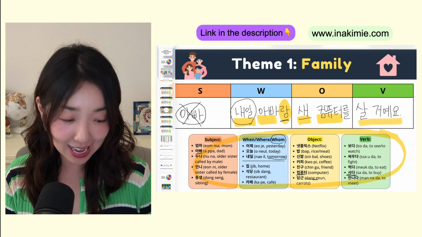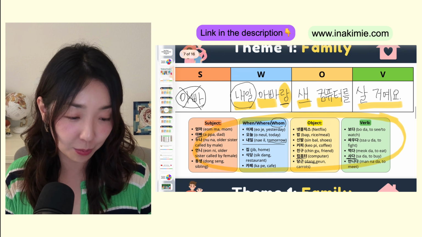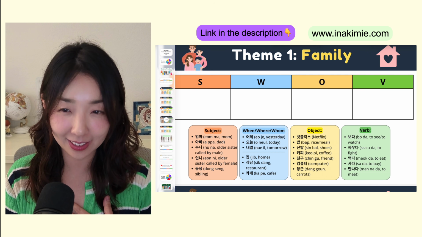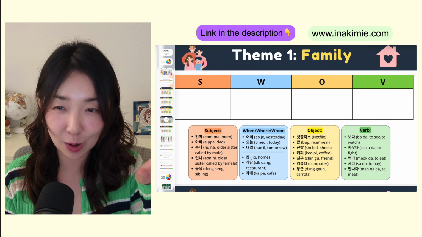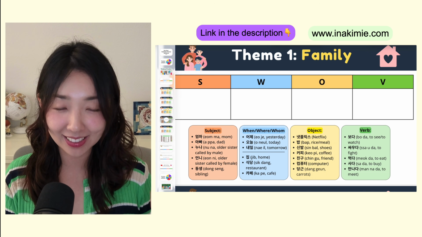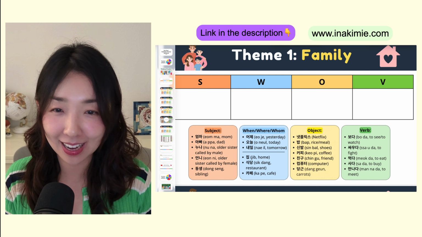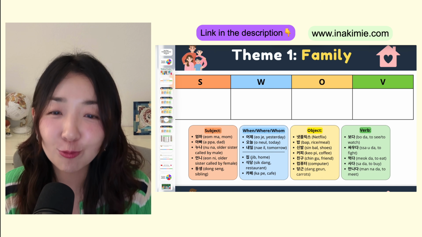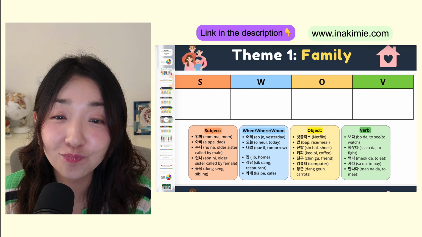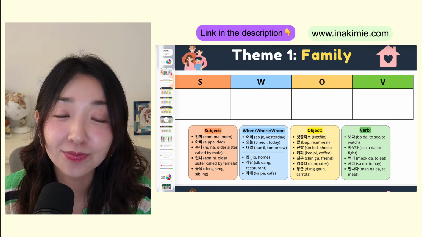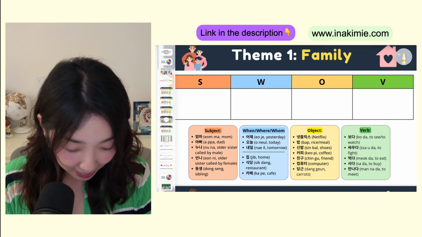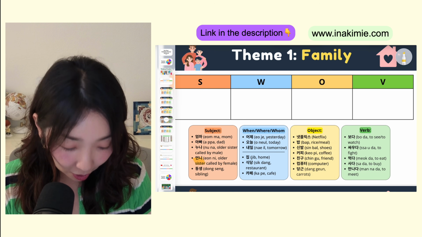Okay, then I actually want to do one more, so we can feel a little more confident about this before we let go of this chart. All right, let's do one last one. This time, what do we want to pick? Okay, I can do this. 언니.